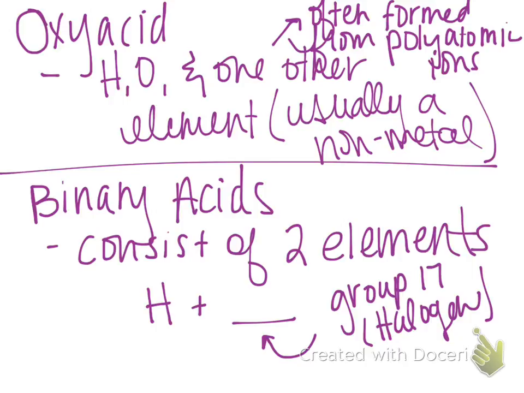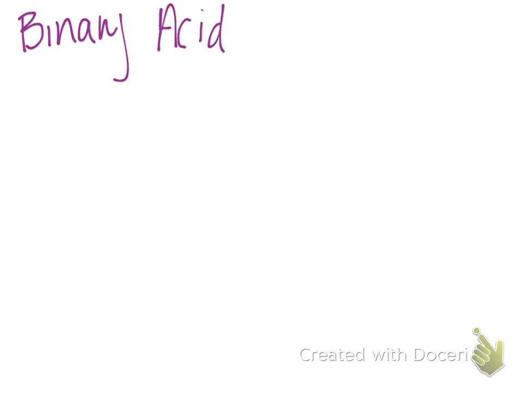Okay, so let's look at how we're going to name these acids now. We're going to start with the binary acids. Okay, these are hydrogen plus one other element.